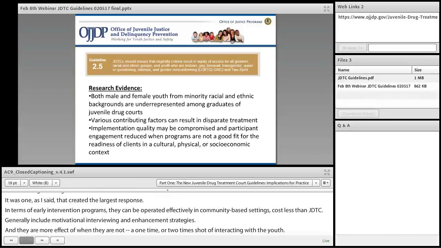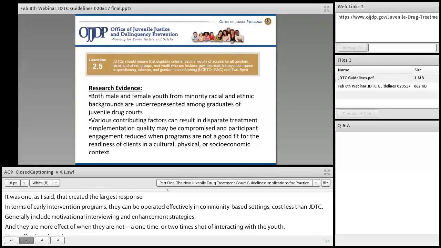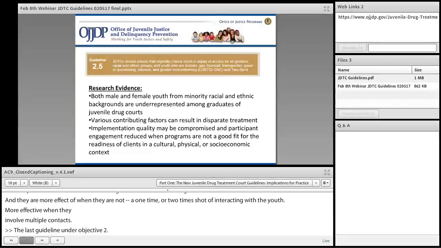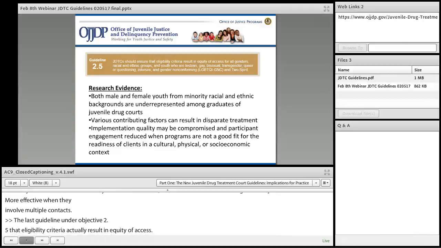Okay, and then the last guideline under Objective 2 is to ensure that eligibility criteria actually result in equity of access. Equity of access for all genders, racial and ethnic groups, and youth who are lesbian, gay, bisexual, transgender, queer or questioning, intersex, and gender nonconforming, and two-spirit.